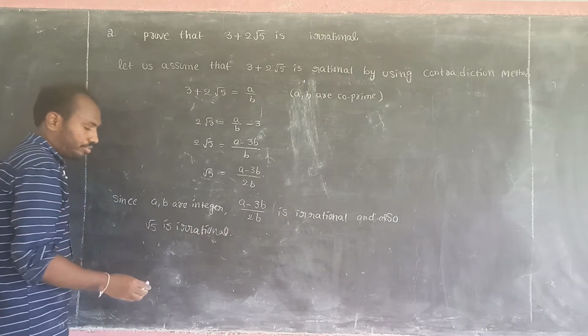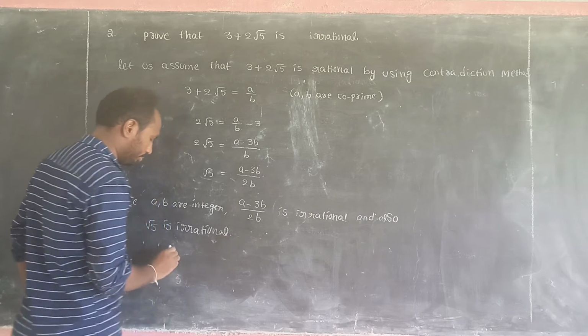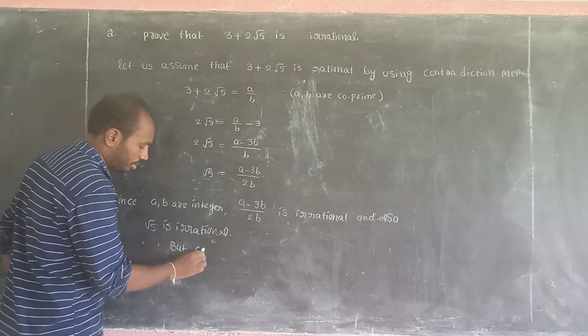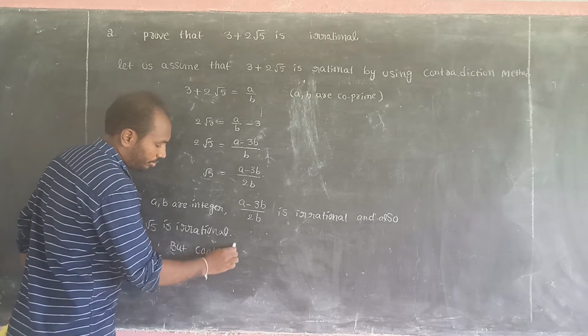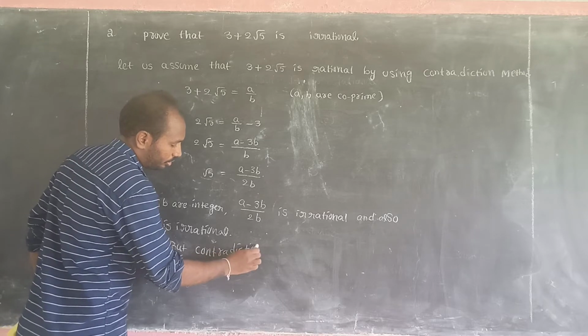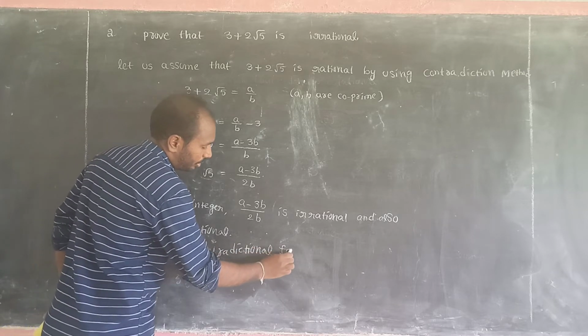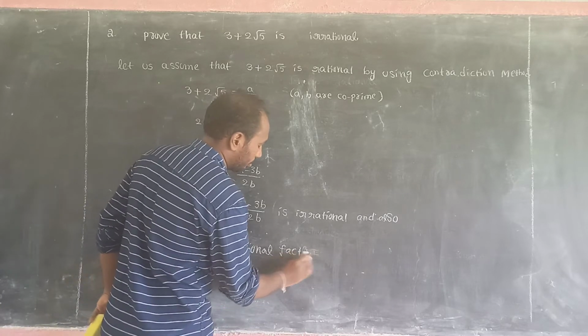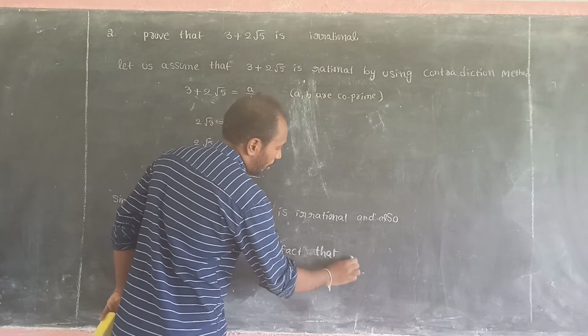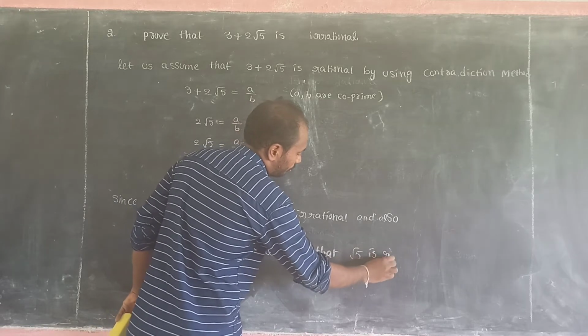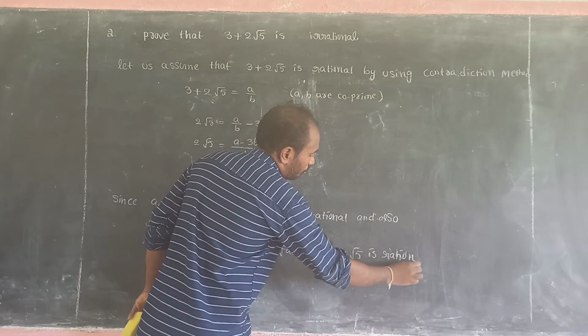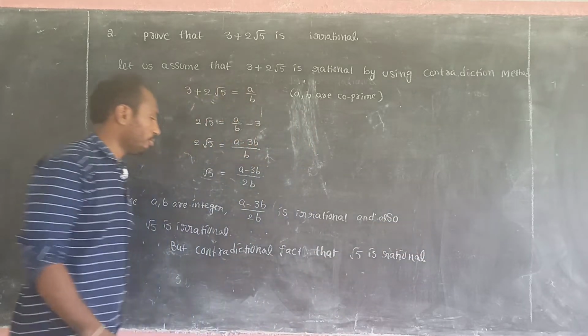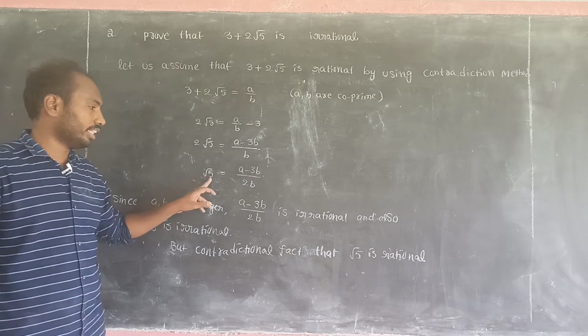But this contradicts the fact that root 5 is irrational, because we already proved root 5 is irrational.